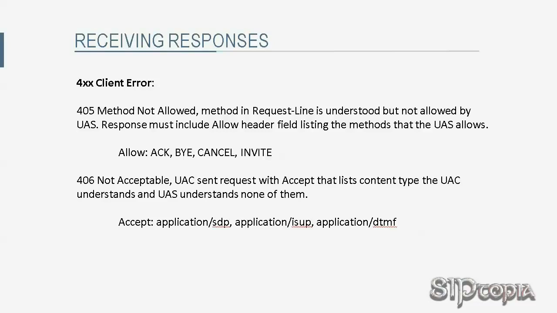Using the Accept header field as an example, let's say Tarzan sends an INVITE message to Jane with the following Accept header field: Accept: application/SDP, application/ISUP, application/DTMF, and let's say Jane's phone only understands the application/DTMF-relay content type. In this case, Jane would respond with a 406 Not Acceptable to Tarzan.